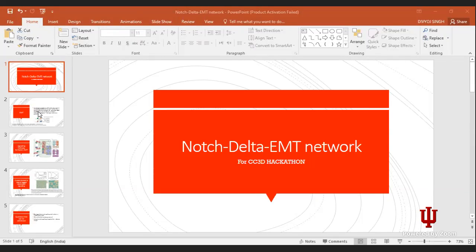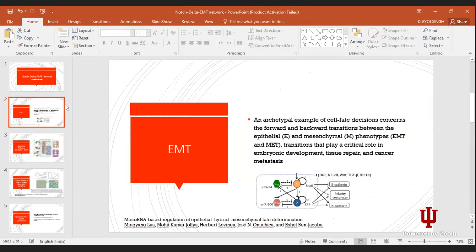Yesterday we talked about notch signaling, and we saw how basic equations and interactions among cells can lead to different behaviors. Here I want to link another network and phenomenon with the notch signaling, which has been worked out in recent times, but through a different approach.